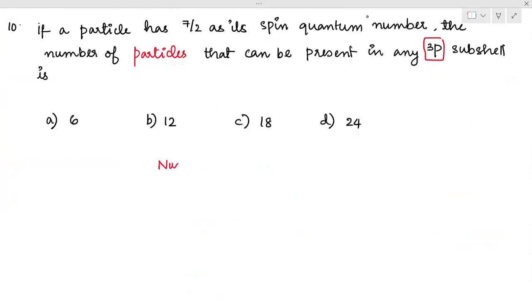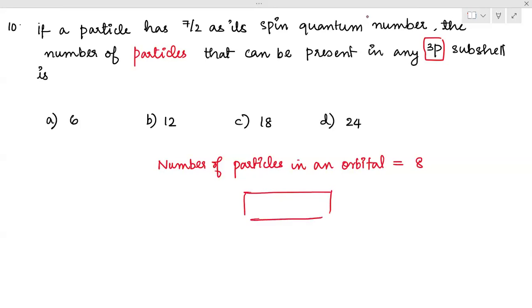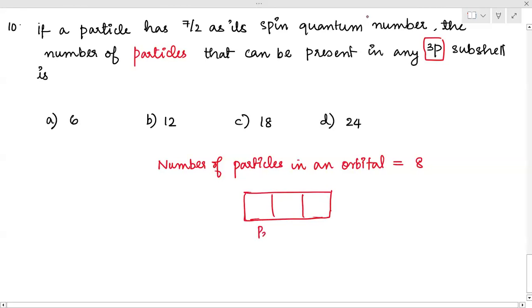So, if I have to write it down, the number of particles in an orbital that we know is 8 from the previous question. 3p subshell has got 3 orbitals. It can be px, it can be py, and it can be pz.